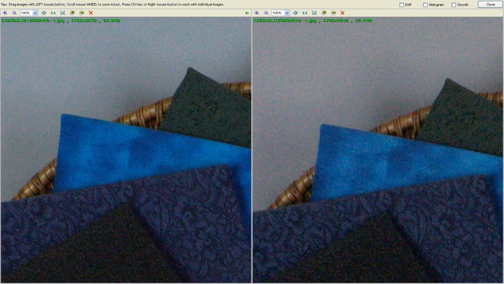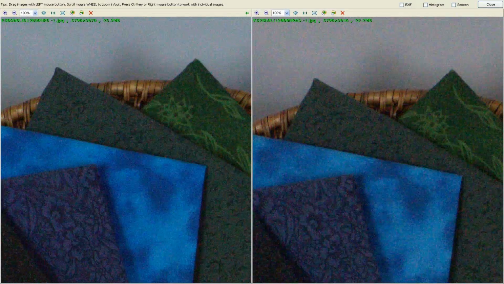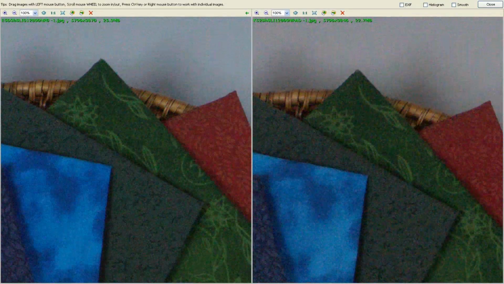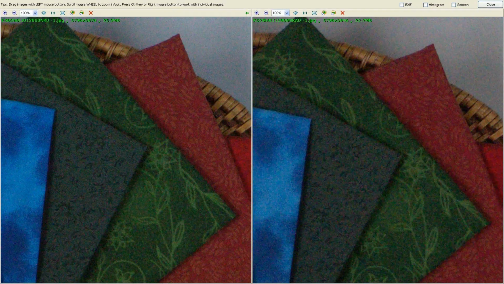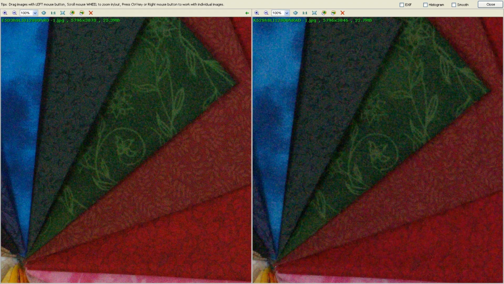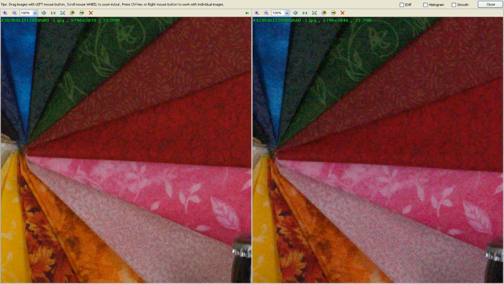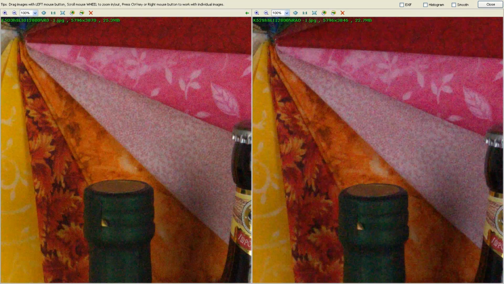So as you go through this video here, keep in mind that one camera runs 3,000 plus, and that's the Canon. The other camera runs 1,200 plus, which is the Pentax. Factor in the performance. Factor in the image quality.